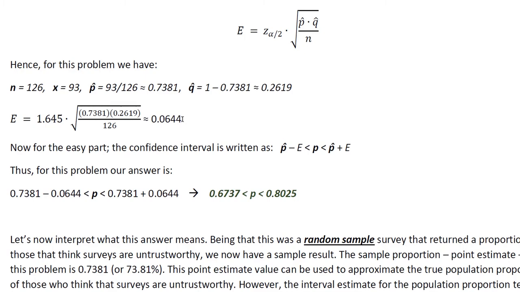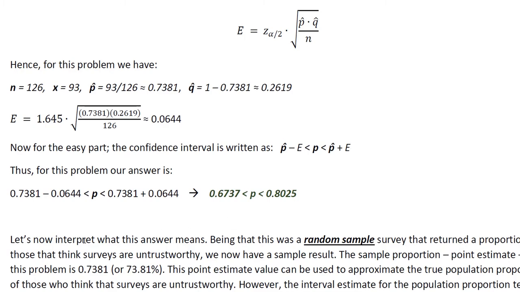We're done with the hard part. That E gives me my error. And what I do with that error is I subtract it from p hat, get a result, and I add it to p hat, and I get another result.